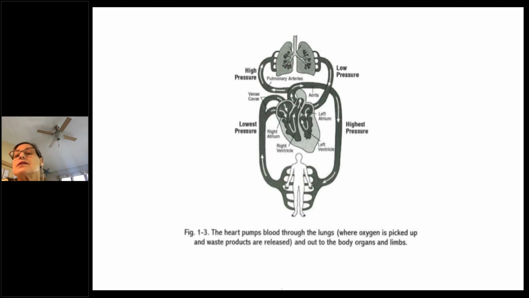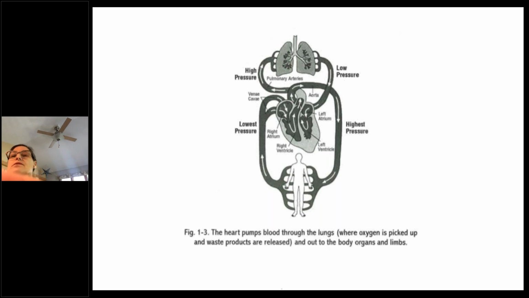The rich oxygenated blood that came to the body cells, now the veins are returning the blood, which has carbon dioxide, to the heart, and then the blood is going back to the lungs, and the carbon dioxide is being breathed out. So when you're talking about the circulatory system, it's tied in closely with the respiratory system. The lungs and the heart work together.